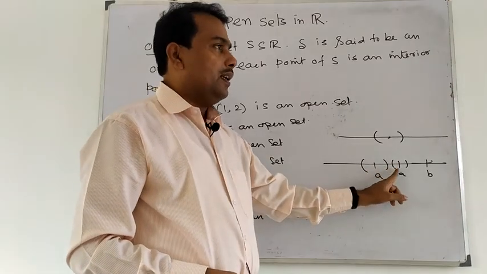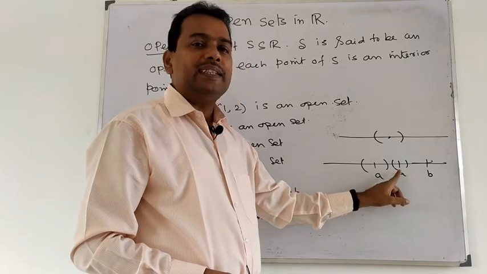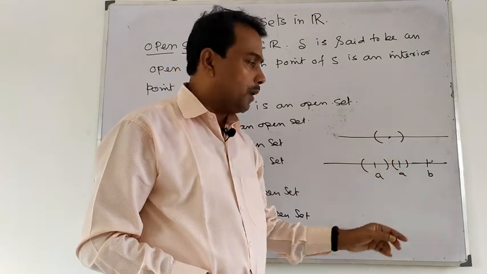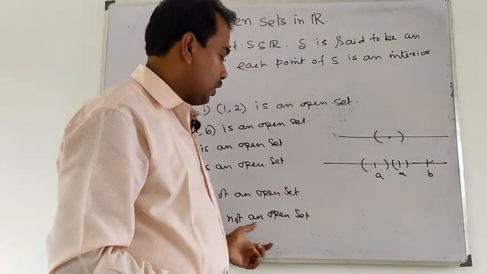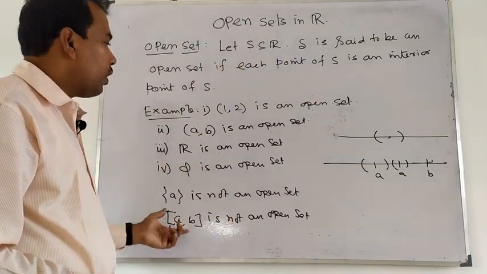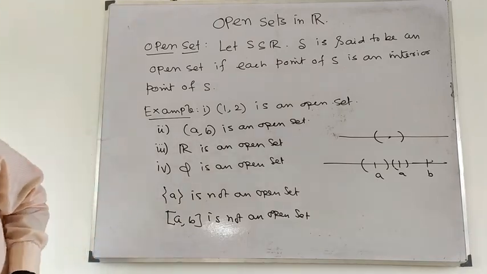So the left end point a is not an interior point. Similarly, the right end point b is not an interior point of this set. So this is not an open set.